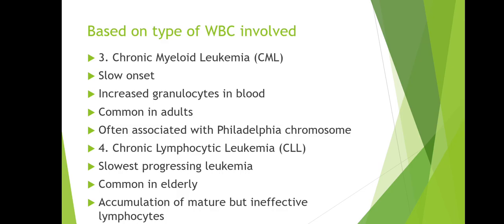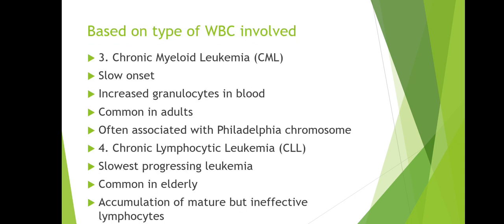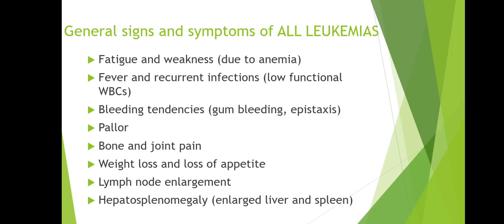So now looking at what really happens in leukemia, we need to look at general signs and symptoms before we go to medical investigation. The general signs and symptoms of all leukemias in combination include fatigue and weakness due to anemia.